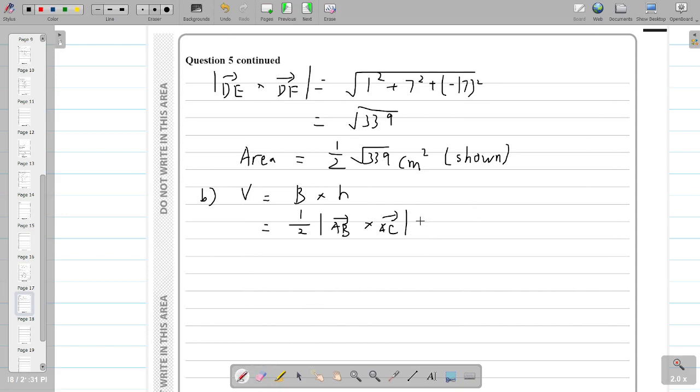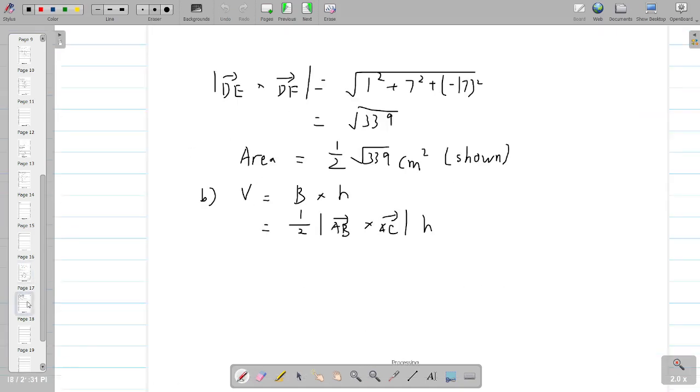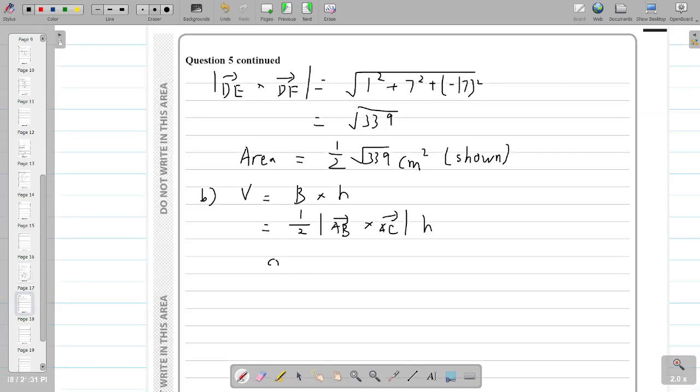So let's just rewrite what the height means. From our little discussion over here, we found that cosine of theta, where theta is the angle between the height and AD, so H is actually equal to magnitude of AD cosine theta.